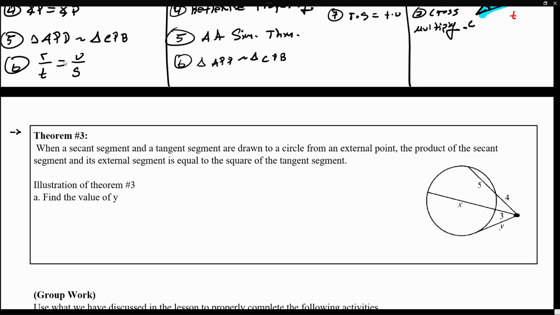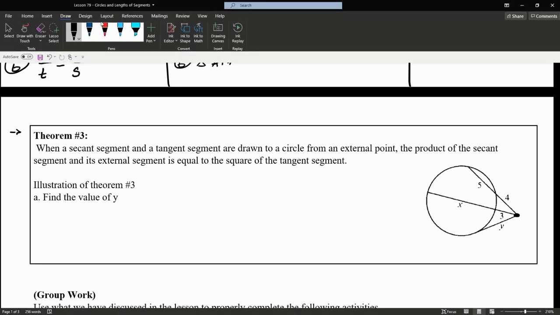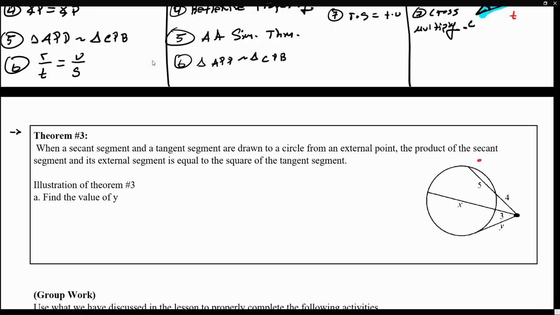What do we mean by that? Well, this means that if I take the whole length of the secant line, which in this case has a length of 9, and multiply it by its exterior part, which in this case is 4, that will always be equal to the square of the tangent exterior part.